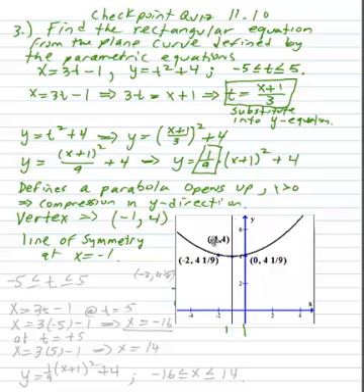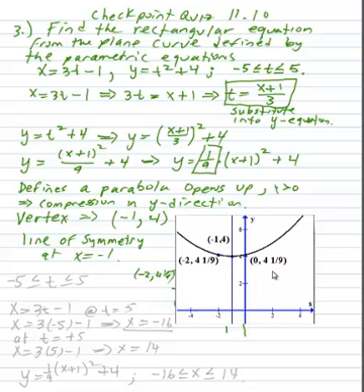We can find another point to help us graph this. We can find the y-intercept. The y-intercept is found by setting x equal to 0. When we set x equal to 0, we find y is 4 1/9.